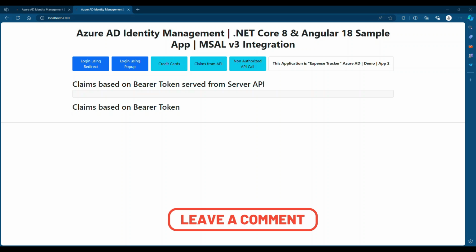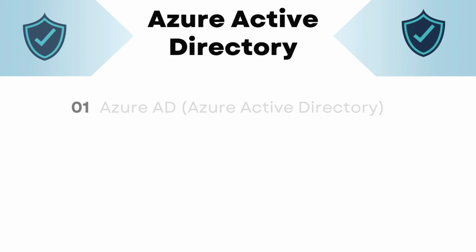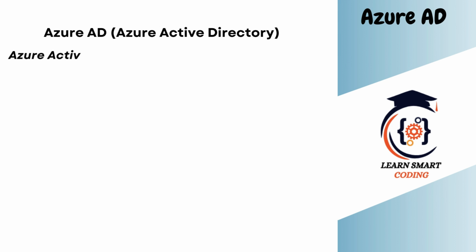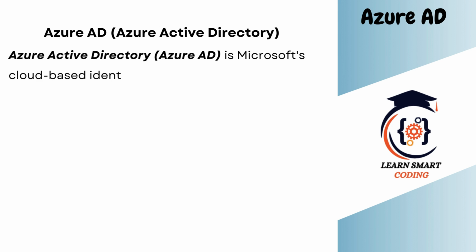Azure AD, formerly called Azure Active Directory. From last 1 year, it has been called Entra ID. So Azure AD is nothing but Azure Entra ID. All right. What is Azure AD? Azure Active Directory, which is Azure AD, is a Microsoft cloud-based identity and access management service.